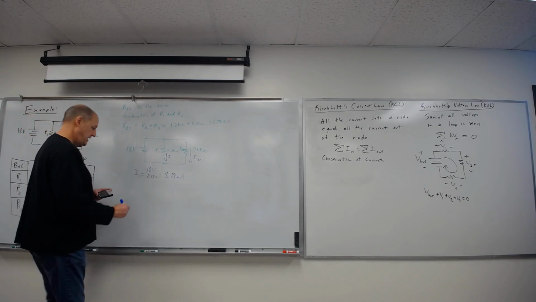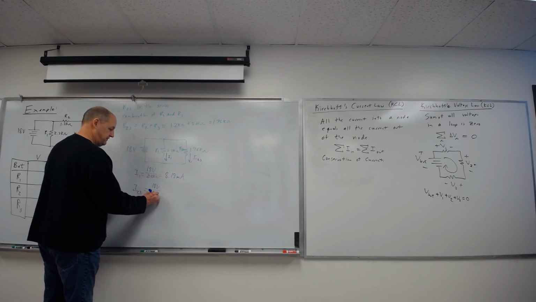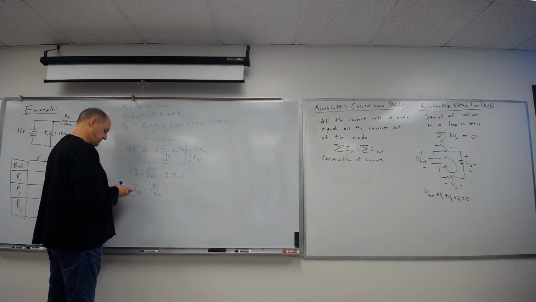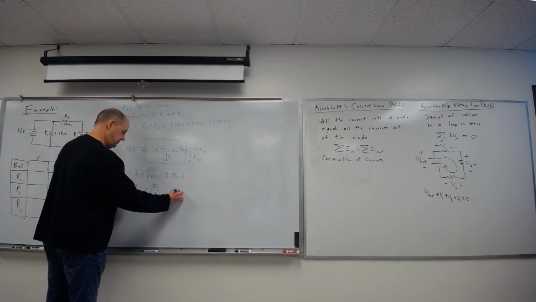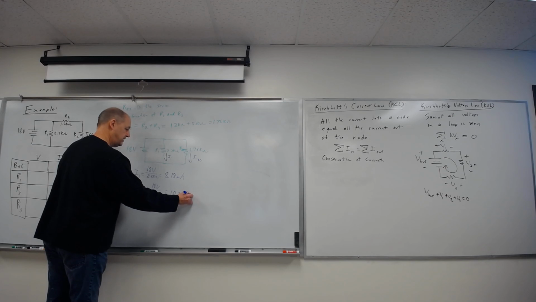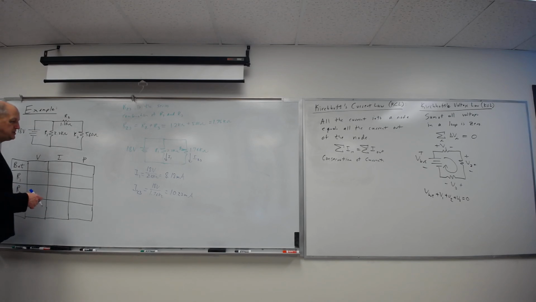I23 is my 18 volts, because it's all in parallel, over 1.76 kilo ohms. 10.23 milliamps. So I can take those and go back to my original equation. My current through R1 is 8.18 milliamps.